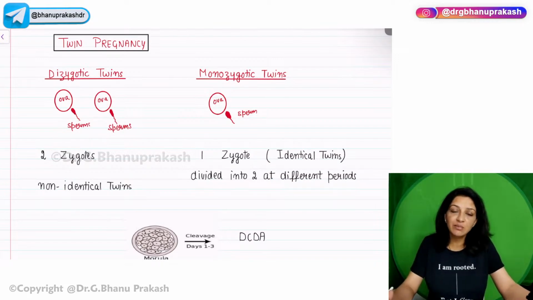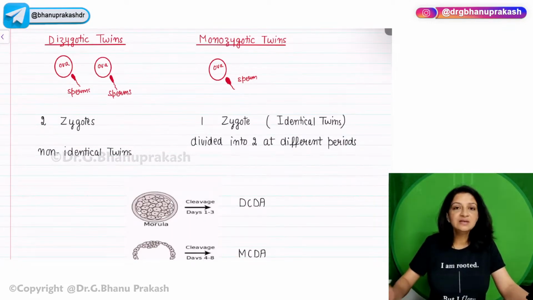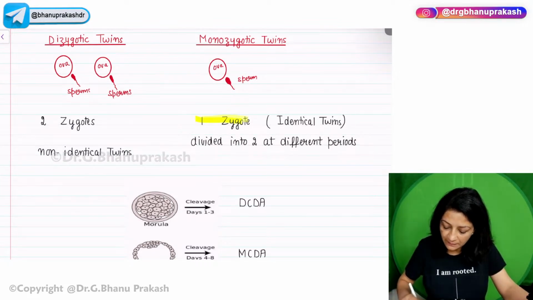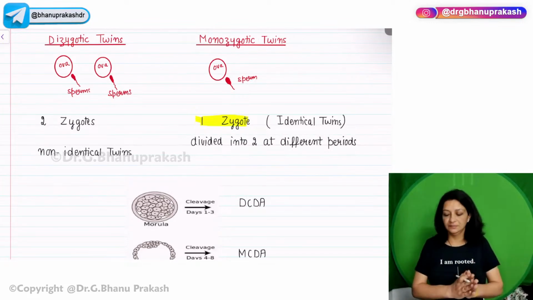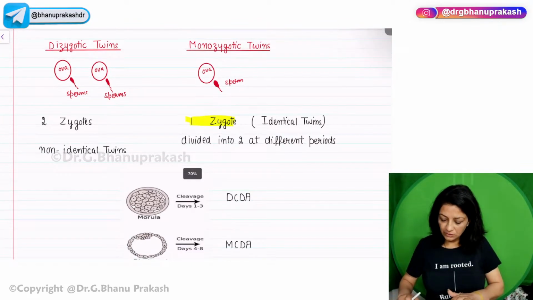Means the sex of the fetus can be the same or different. In monozygotic twins, fertilization between 1 ovum and 1 sperm, formation of 1 zygote, which divides into 2 at different periods.